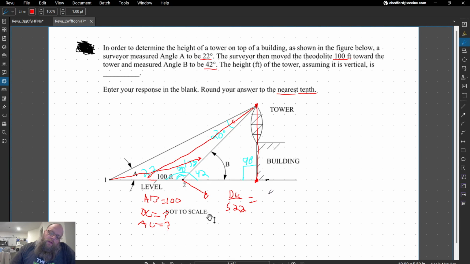So what will be is the distance from A to B over the sine of 20.